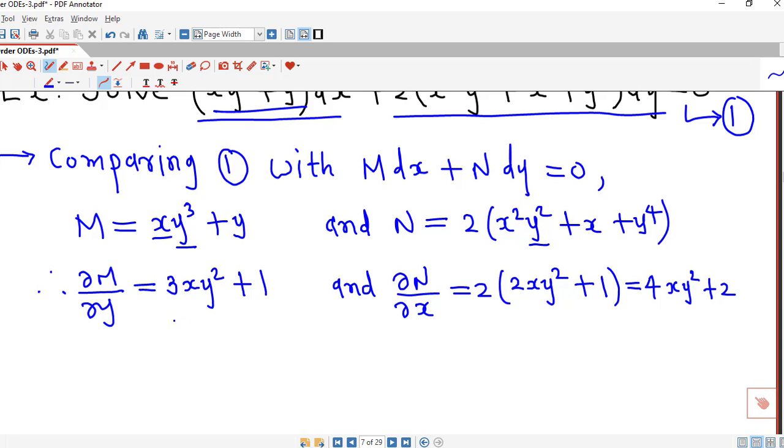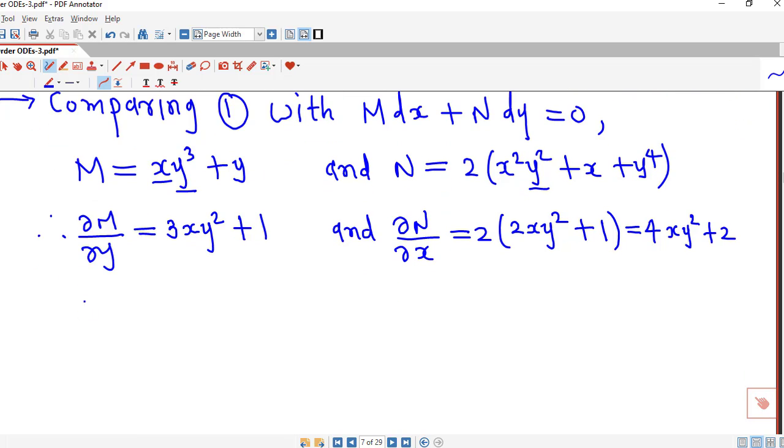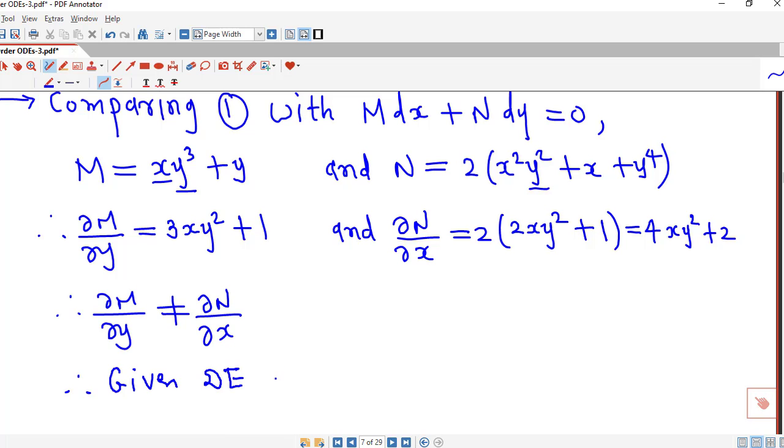Now we can try to find the integrating factor, because the given equation is not exact. We can write, therefore, del M by del y is not equal to del N by del x. Therefore the given differential equation is not exact.